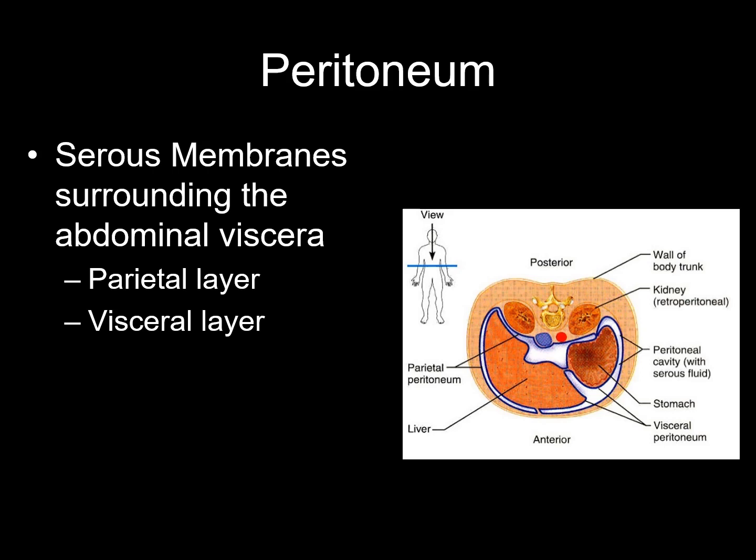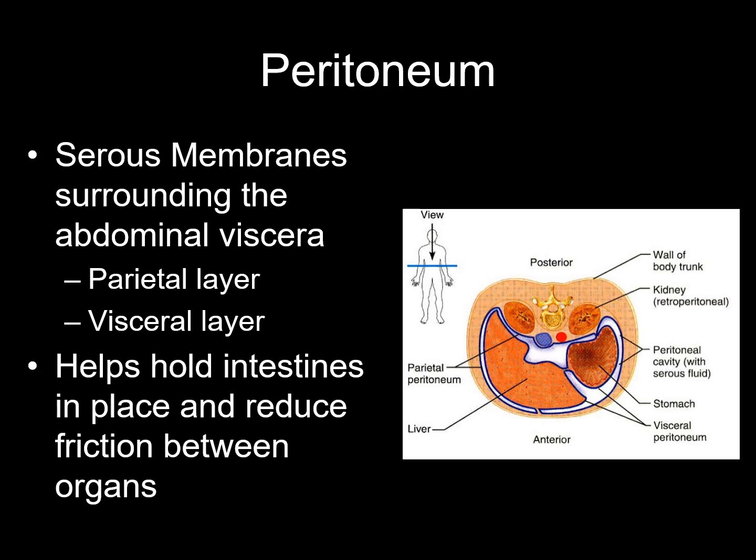Remember, with serous membranes we had the parietal layer and the visceral layer. The parietal layer is on the abdominal wall, and the visceral layer is right up against the organ.